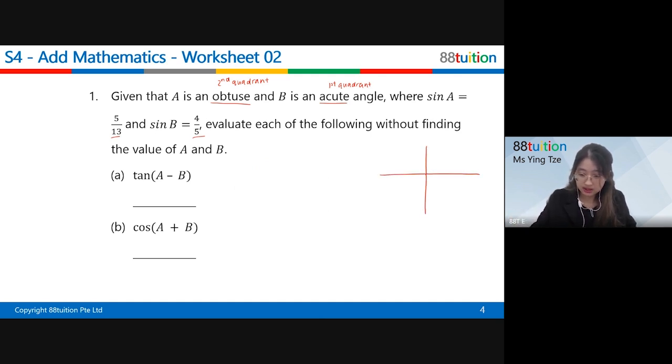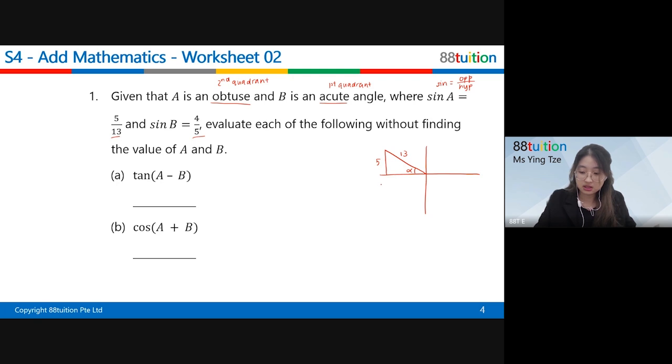A is in the second quadrant, so it's somewhere here. Let's call alpha the basic angle. Because sine is opposite over hypotenuse, here the opposite is 5 and the hypotenuse is 13.